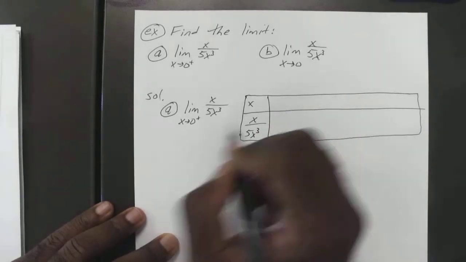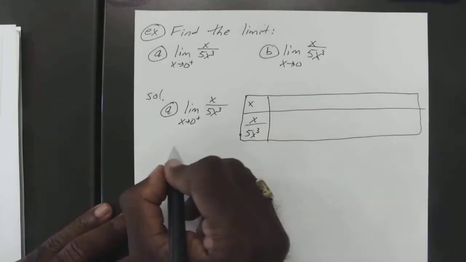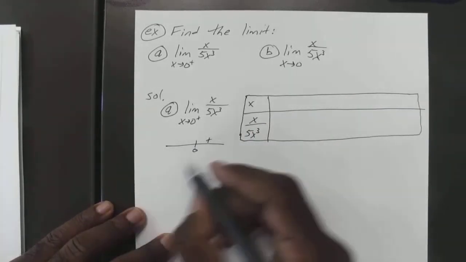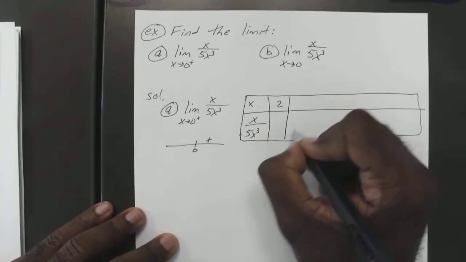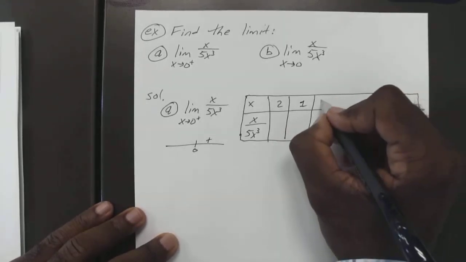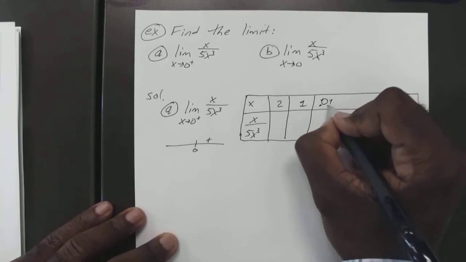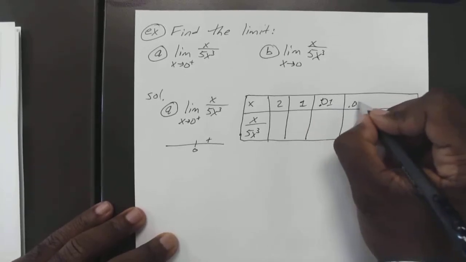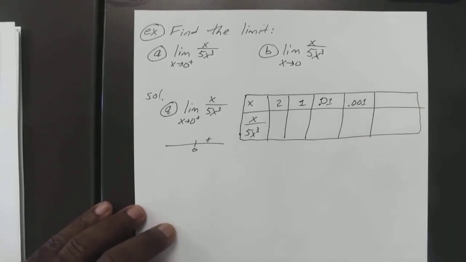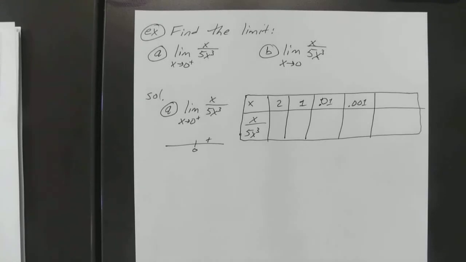So if we're approaching it from the right, let's say we start with 2, then 1, then 0.01, then 0.001.